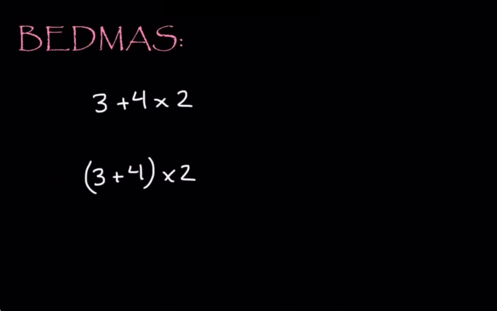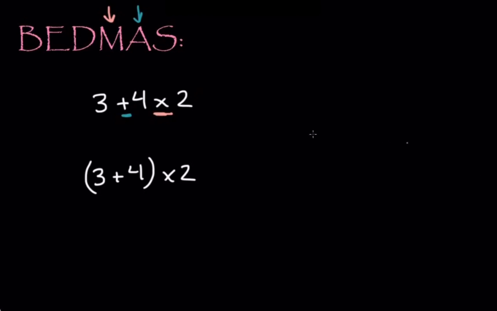Okay, let's start with something quite simple. So 3 plus 4 times 2. If we look at our BEDMAS acronym, we see that multiplication comes before addition. So that means we do the multiplication first.